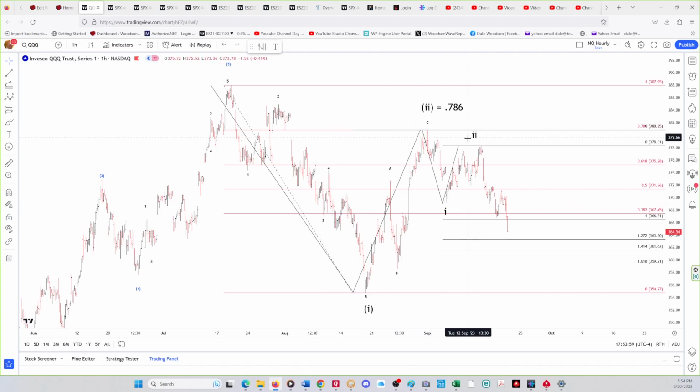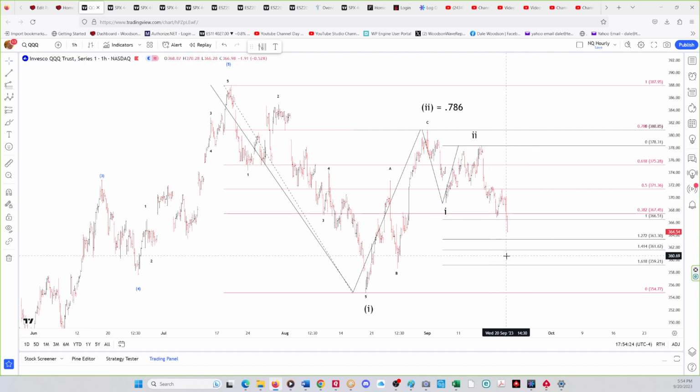We have a 1 down and a 2 up, and then it passed the point where wave 3 is equal to wave 1. We've got a 1.272 multiple at 363.30, a 1.414 multiple at 361.62, and a 1.618 multiple at 359.21.